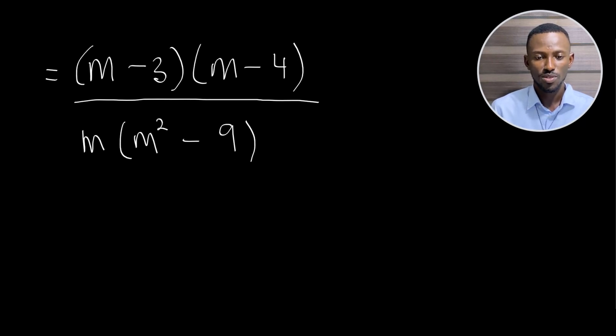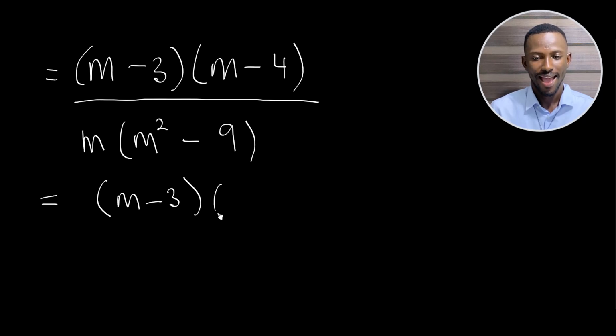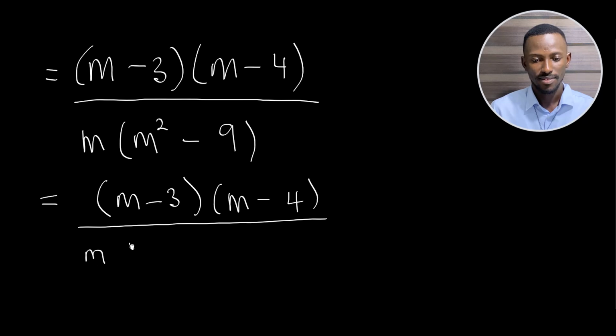What we need to do next is just to continue the question. So let's repeat the numerator, that is (m minus 3)(m minus 4), all divided by m. Now look at this.